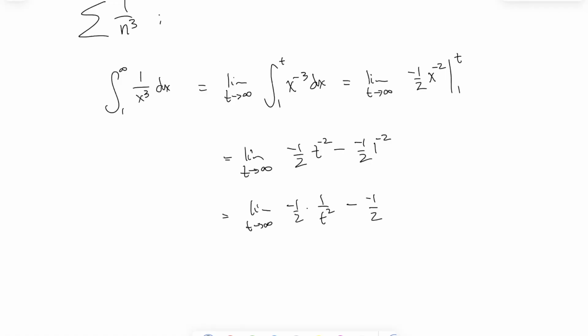And so when the t goes to infinity, this here becomes 0, and the whole answer is just that, 1/2. Converges. All right? So, the sum 1 over n cubed converges. All right, the series converges because of the integral test.